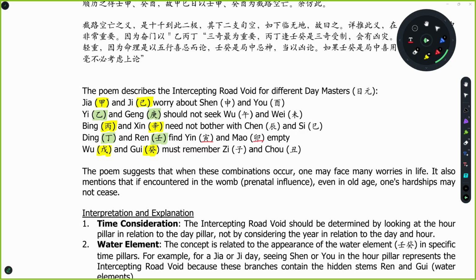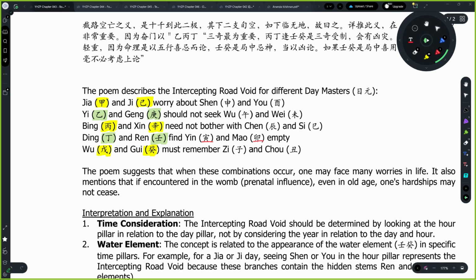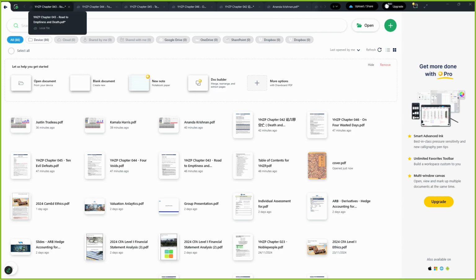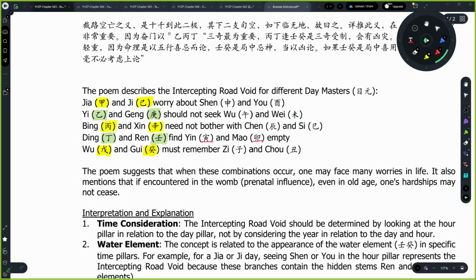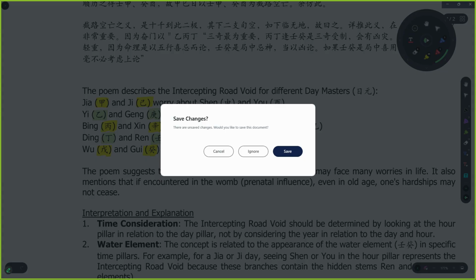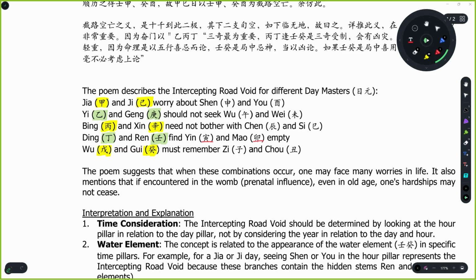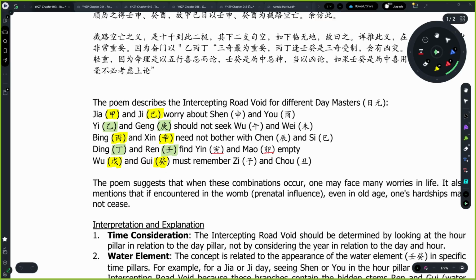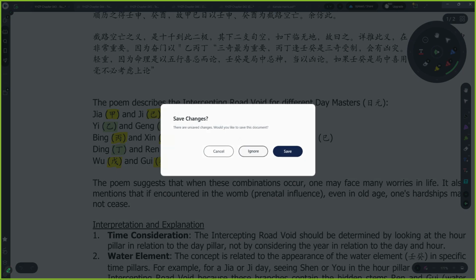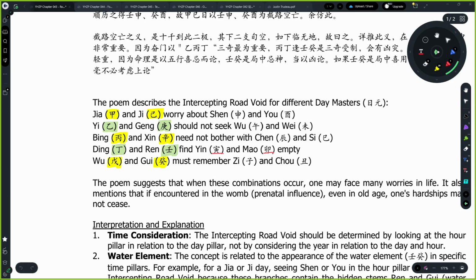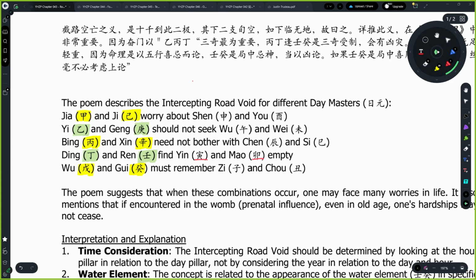But normally, as I tried to explain earlier, more often than not, when we look into the reading, we expect chapter 42 earlier to be the main one. So this is a bit more obscure, but we'll take a look.